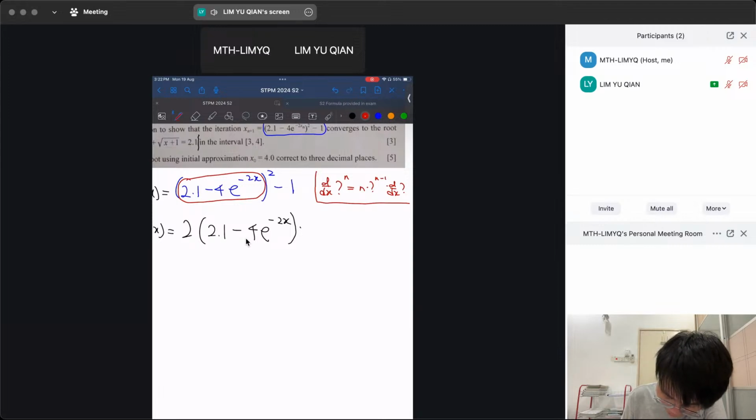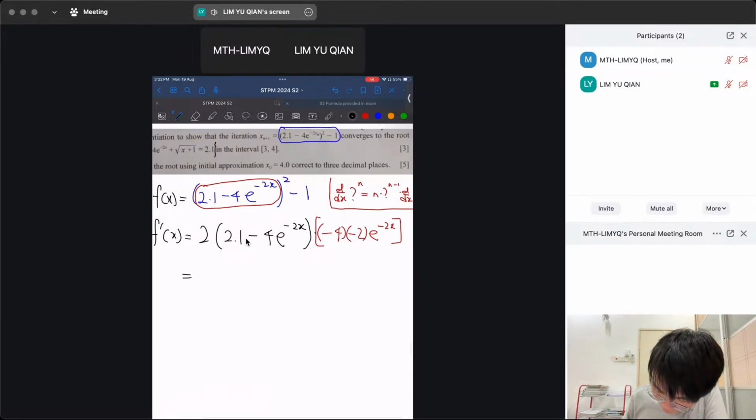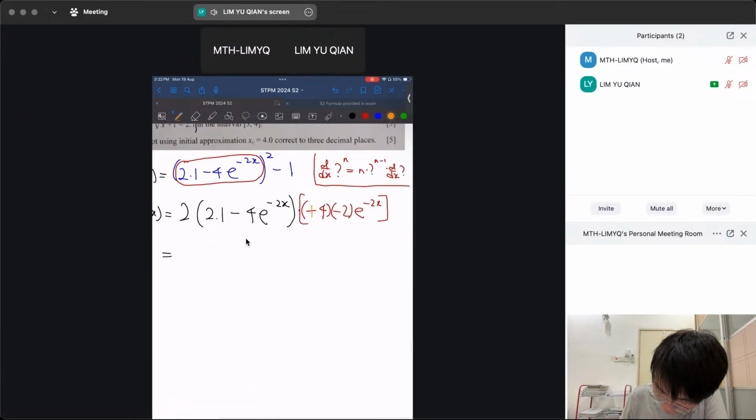Differentiation of the question mark is negative 4 multiplied by negative 2, e negative 2x. Okay, so negative times negative becomes positive. So 4 times 2 times (2.1 minus this one) multiplied by e negative 2x.